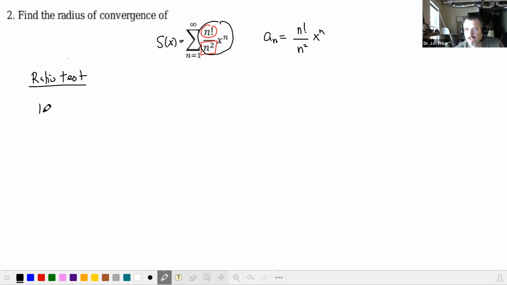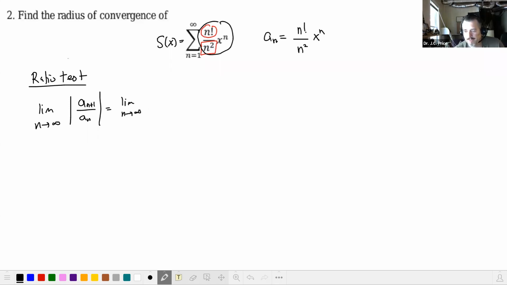And so I'm going to look to see when does it behave basically geometrically. So I take the absolute value of a sub n plus 1, the next term over the previous term, and see what kind of thing I get out. So the limit as n goes to infinity.